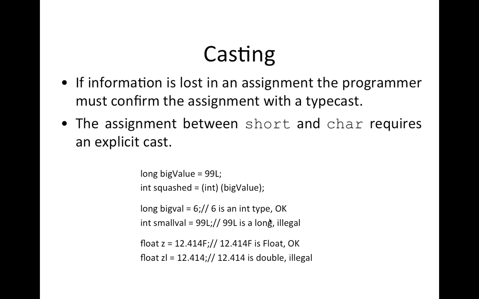They throw it on the application programmer that he cast it, and that's why we lost some bits. And for long, even if you don't say 6L, it's going to consider it as an integer. Then for integer, if you have this assignment, it is illegal. You have to typecast it to int.